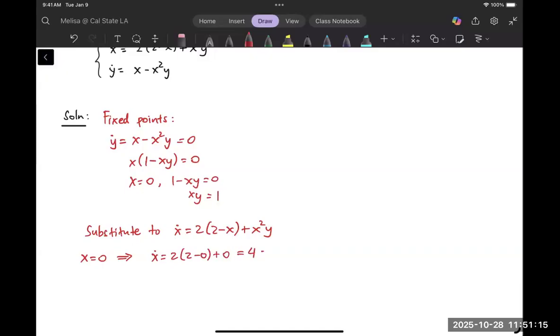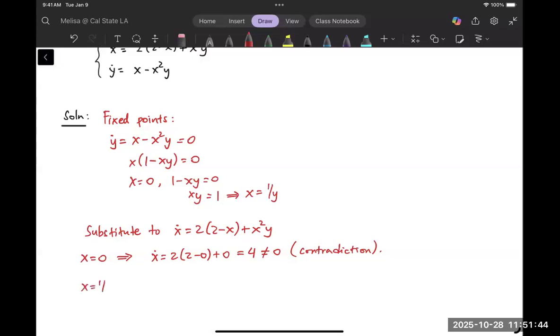Okay, and that can never be 0. Okay, so this is a contradiction. So we don't get any fixed point from x equals 0. But then we have to do the other one also. x times y equals 1. So here, well, maybe you can solve for x and just write x equals 1 over y.